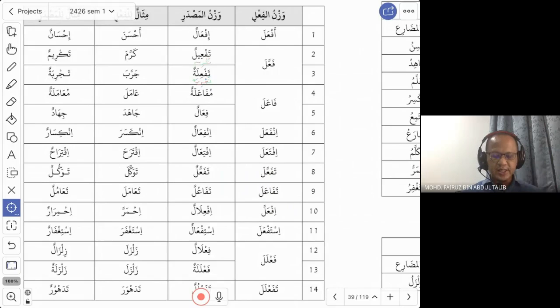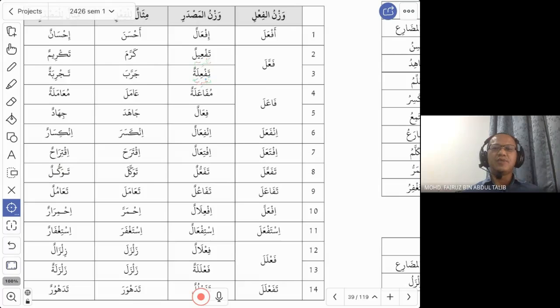The example is tawakkala. The mudari' is yatawakkalu, following the wazan yatafa'alu. So what is the masdar? The masdar tafa'ul gives tawakkul. Okay, tawakkul. Everybody understands tawakkala.